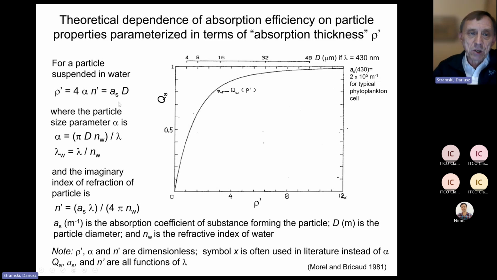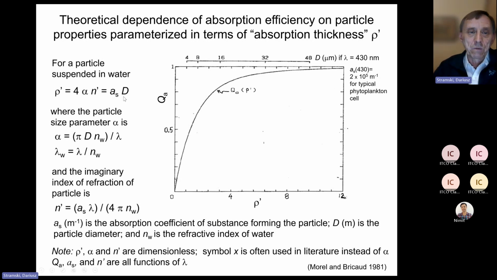So the absorption coefficient of that substance, A sub S, is essentially the same concept as the absorption coefficient for any finite volume of seawater. But here we are interested only in the fraction of absorbed power per incident power per unit path length within the interior of the particle itself.